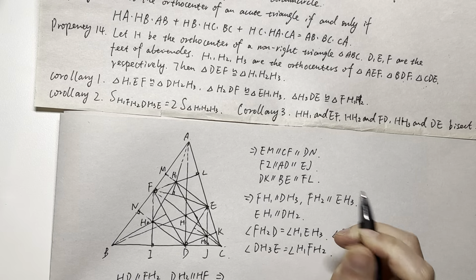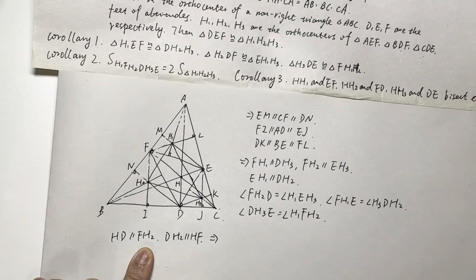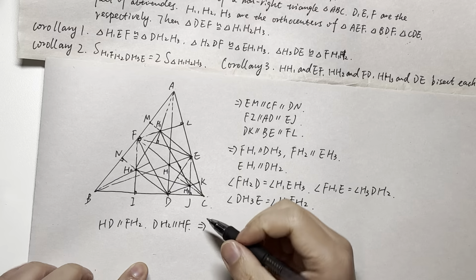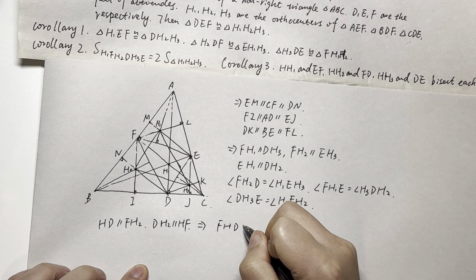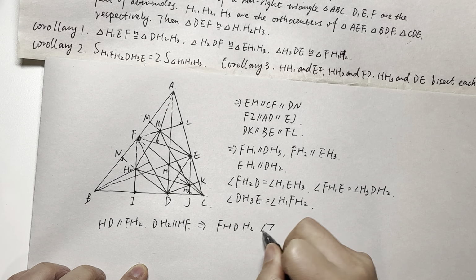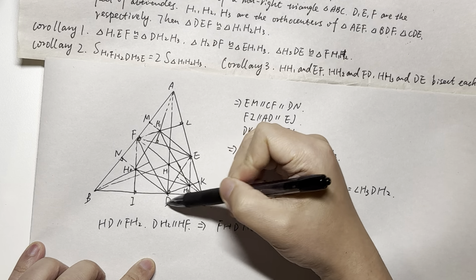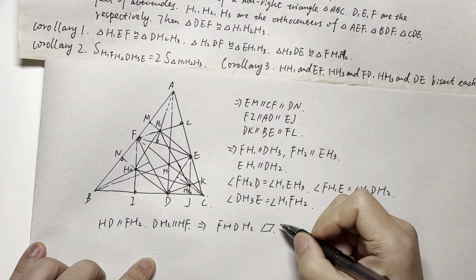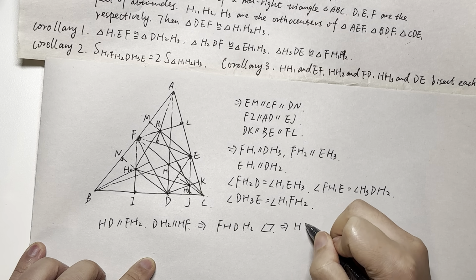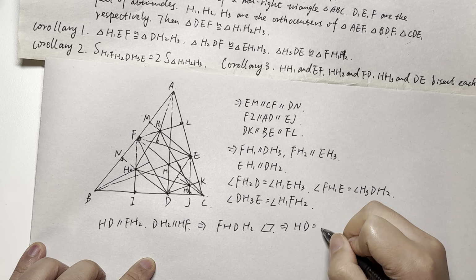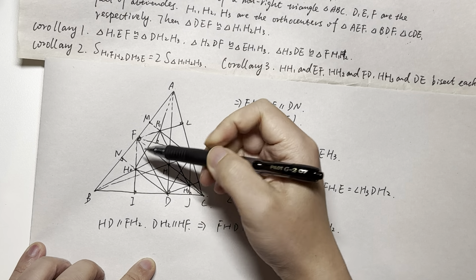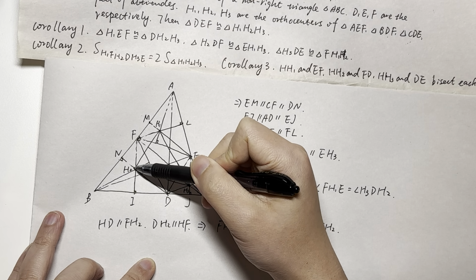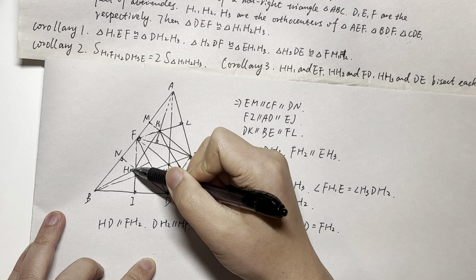So we get that FHDH2 is a parallelogram. That means HD equals FH2. So this one equals this one.